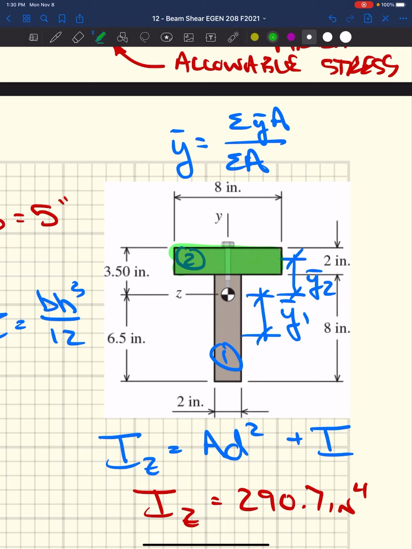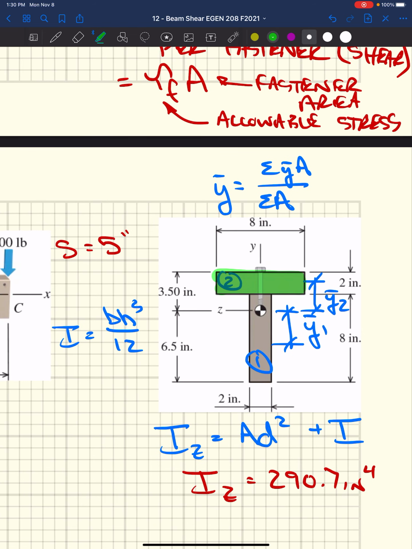So the area we're looking at is everything in green, and then we're going to want to know where's the centroid of that green area with respect to the centroid, right? The actual centroid of the whole area. So if we do that, if we're 3.5 inches down to the centroid to the top of this green area, 1 inch is the centroid of the green area, we're at 2.5 inches.